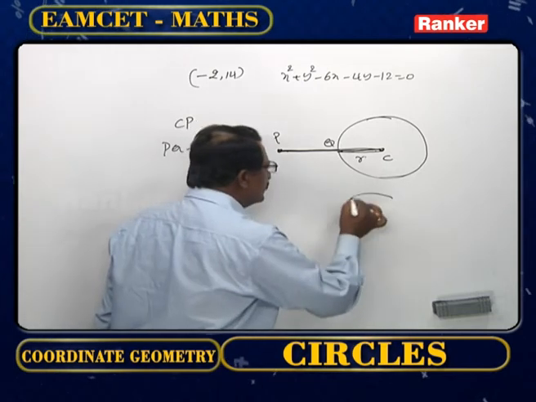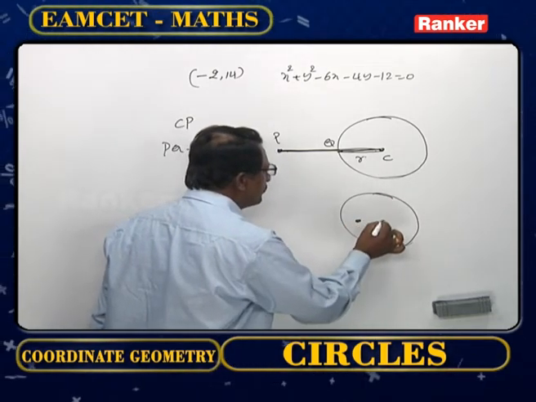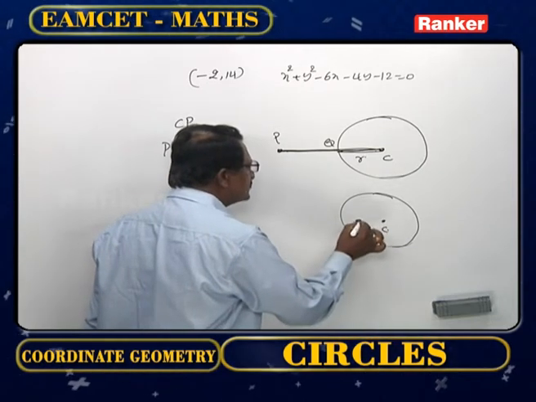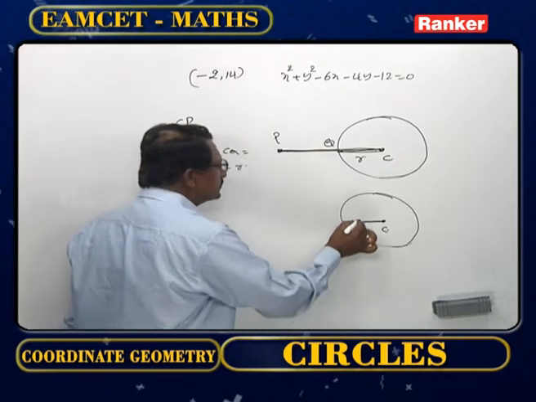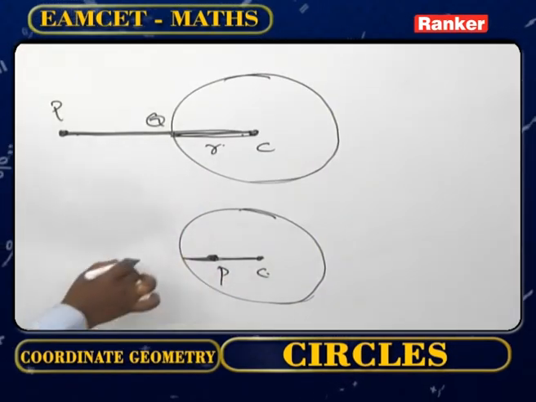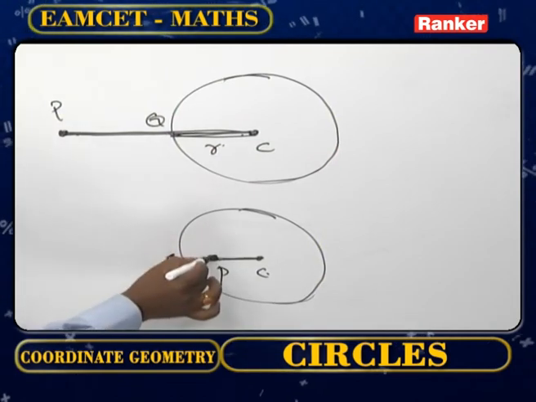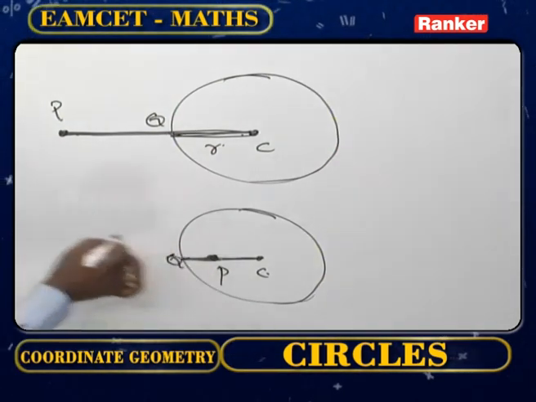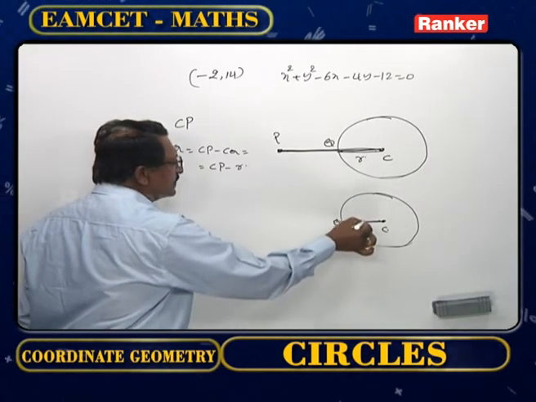Similarly, if the point P lies inside the circle, draw the radius through P, and consider it Q. In that case PQ is the shortest distance. Now PQ equals CQ minus CP.